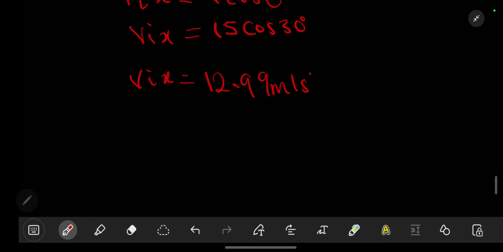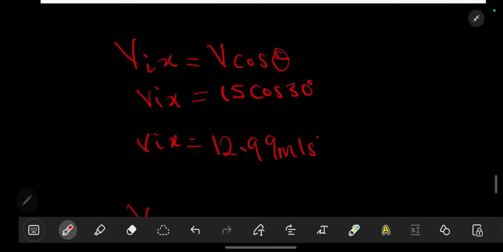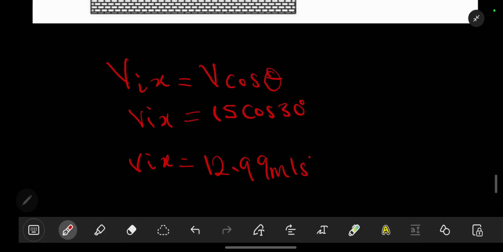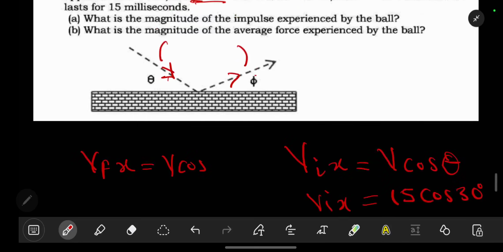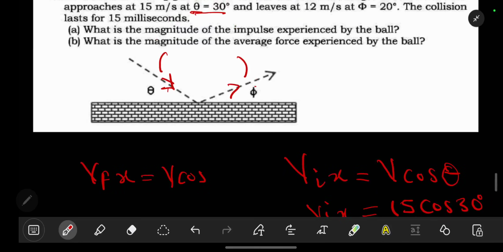Let's find the final velocity in the x. I've just moved the initial there. The final velocity in the x will be equal to v cos of the angle. Be careful, it's this one.